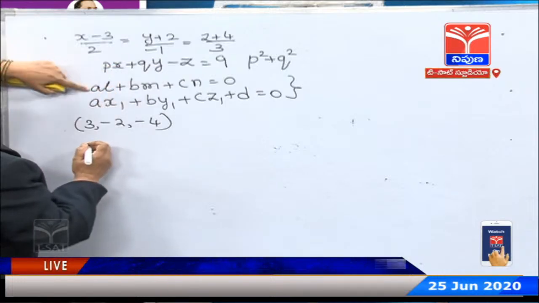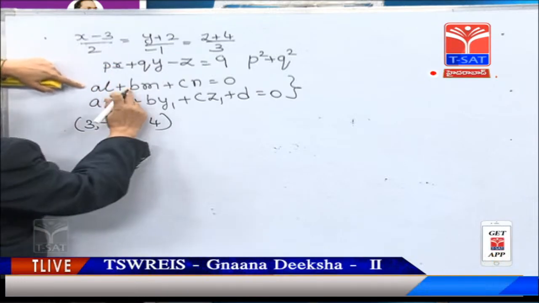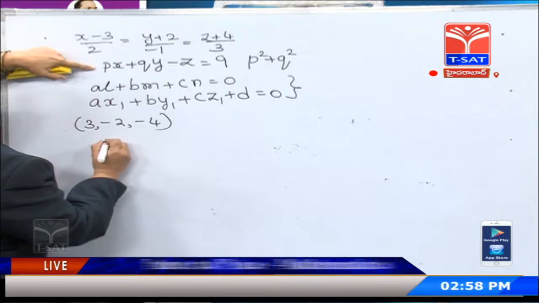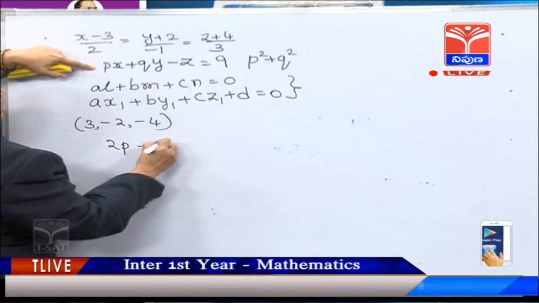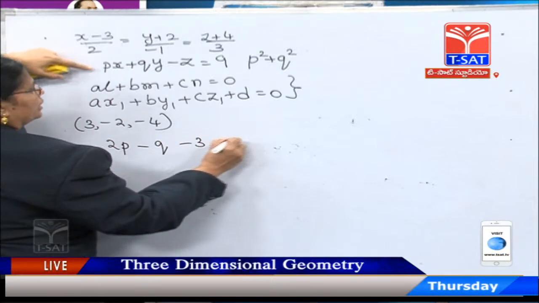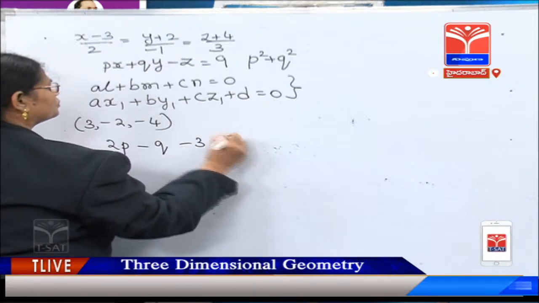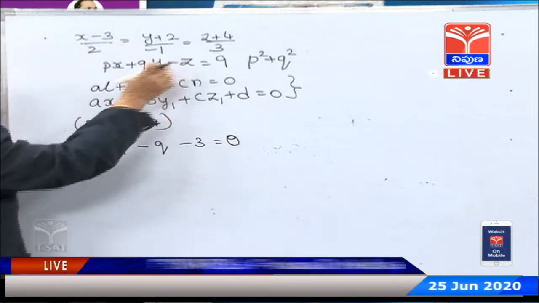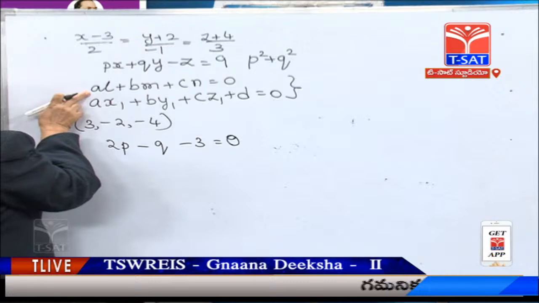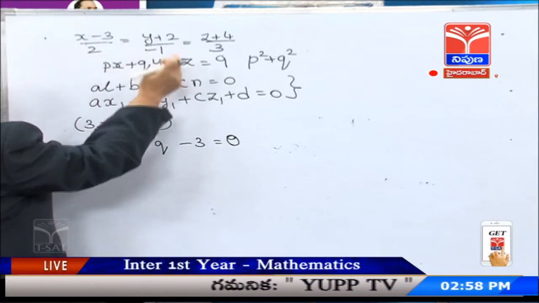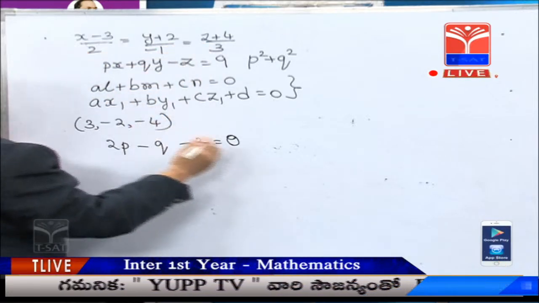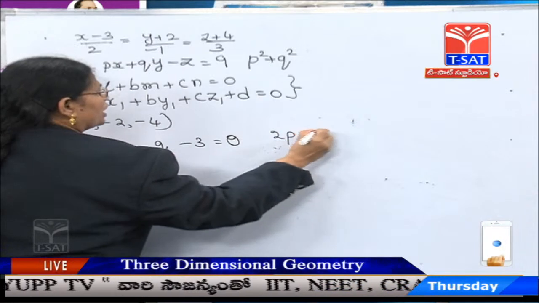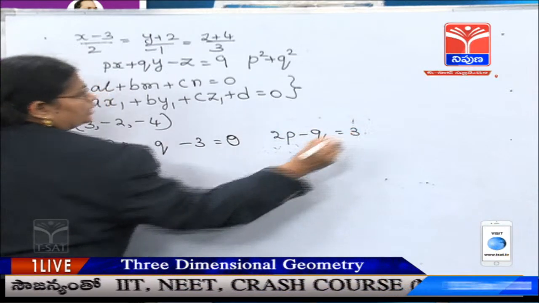So, from the condition al plus bm plus cn equal to 0, we have p into 2 plus q into minus 1 minus 3 equal to 0. So, 2p minus q equal to 3 is one equation.